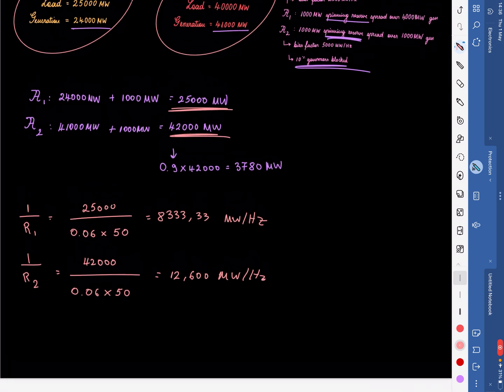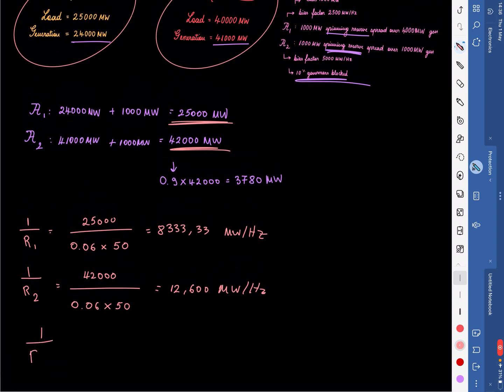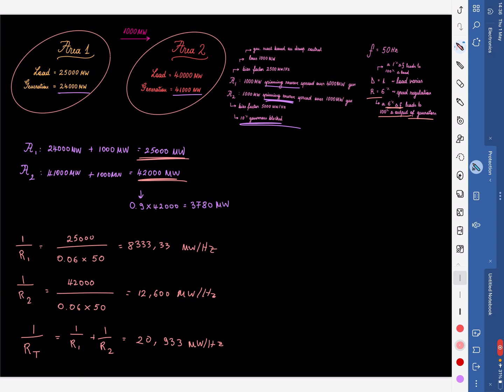So for the total droop response, our total is going to be 1 over R1 plus 1 over R2, which is 20,933 megawatts per Hertz.